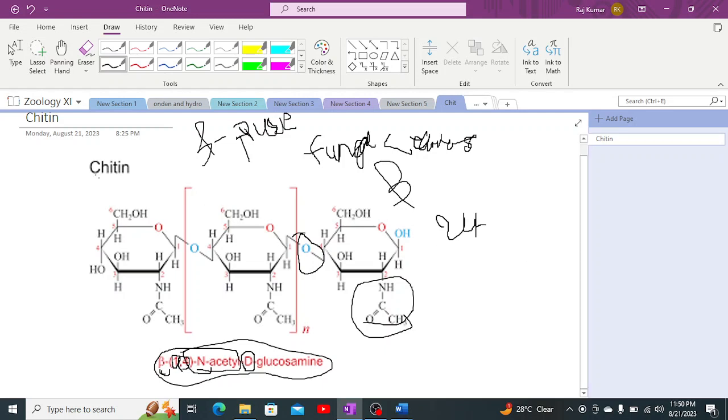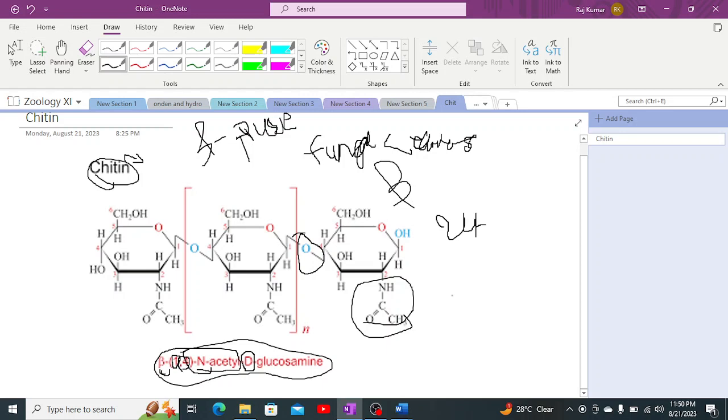Because chitin is unbranched, and cellulose is unbranched as well. Chitin is made up of crystalline nanofibers, whereas cellulose is made up of crystalline fibers. The only difference is that chitin has N-acetyl glucosamine, while almost all the other similarities are the same, except for the fact that it has the N-acetyl group.